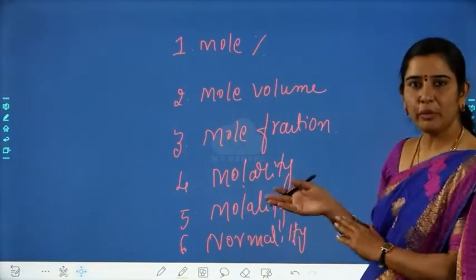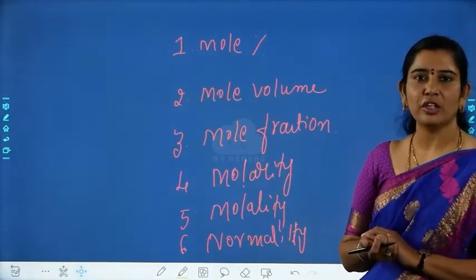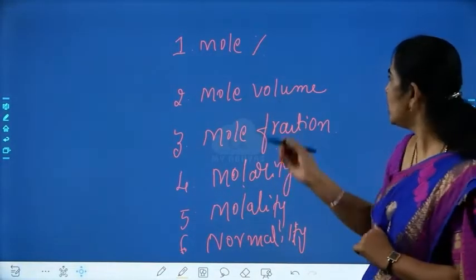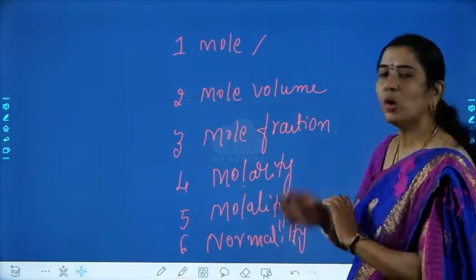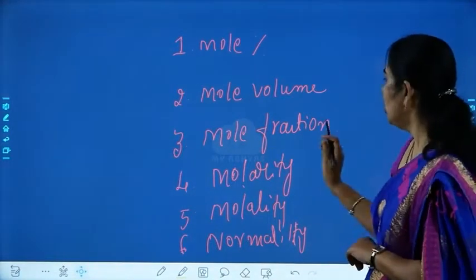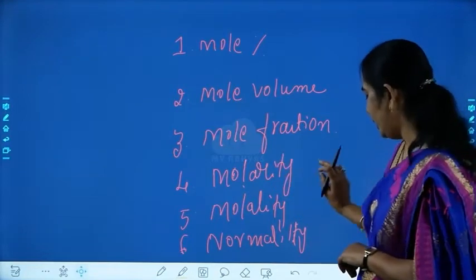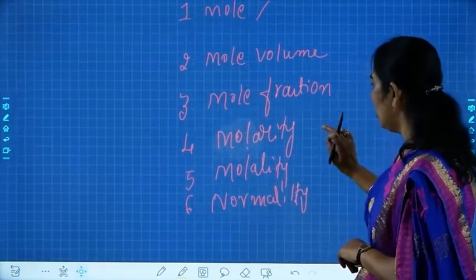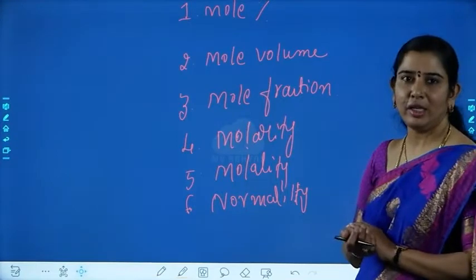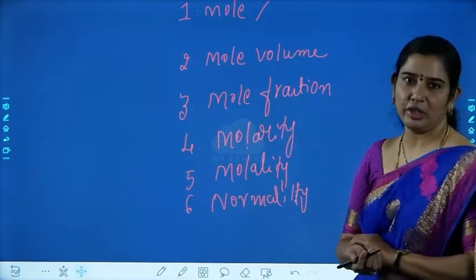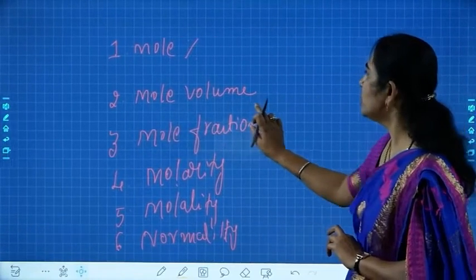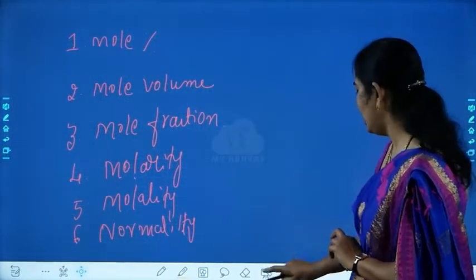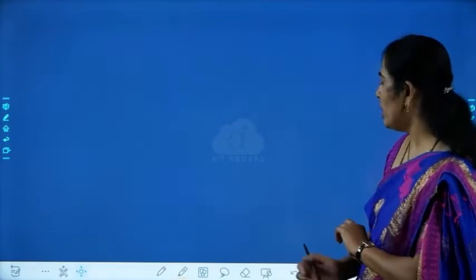So the different methods through which concentration can be expressed are: first, mole percentage; second, mole volume; next, mole fraction, molarity, and afterwards molality and normality. Now I am going to explain them one by one. First is mole percentage. What do you mean by mole percentage?